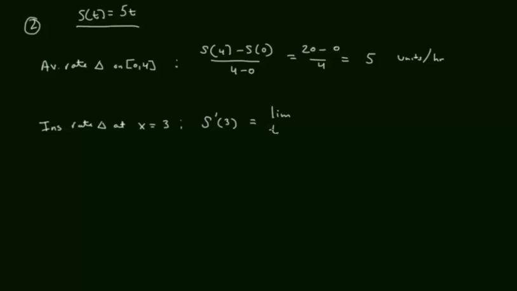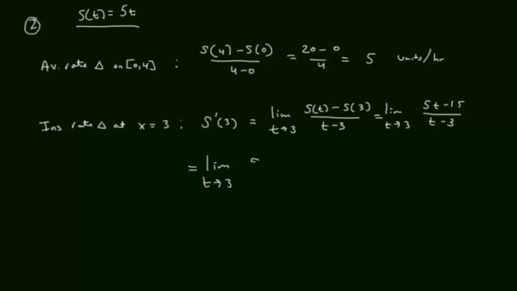Now t is the variable, so it's the limit as t approaches 3 of s of t minus s of 3 all over t minus 3, which gives us the limit as t goes to 3 of 5t minus 15 over t minus 3, which then equals the limit as t approaches 3, factoring out a 5, we have t minus 3 over t minus 3, gives us the limit as t approaches 3 of 5, a constant, which equals 5, again, units per, let's say, hour.